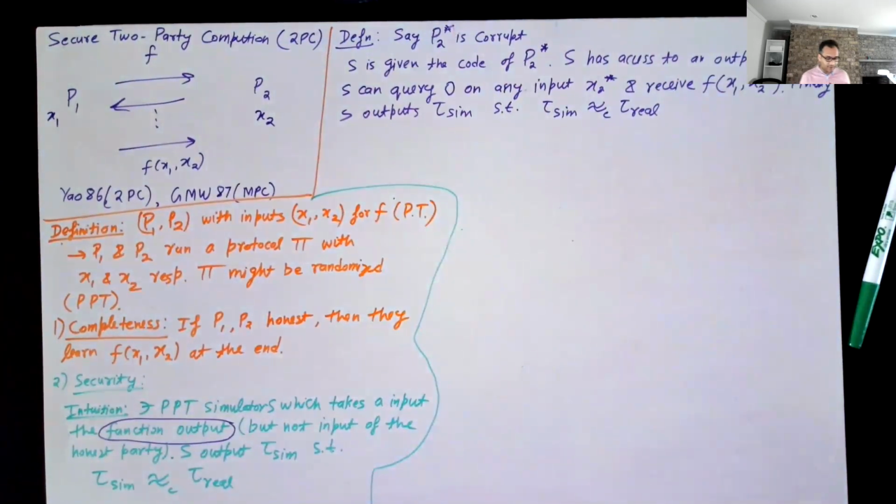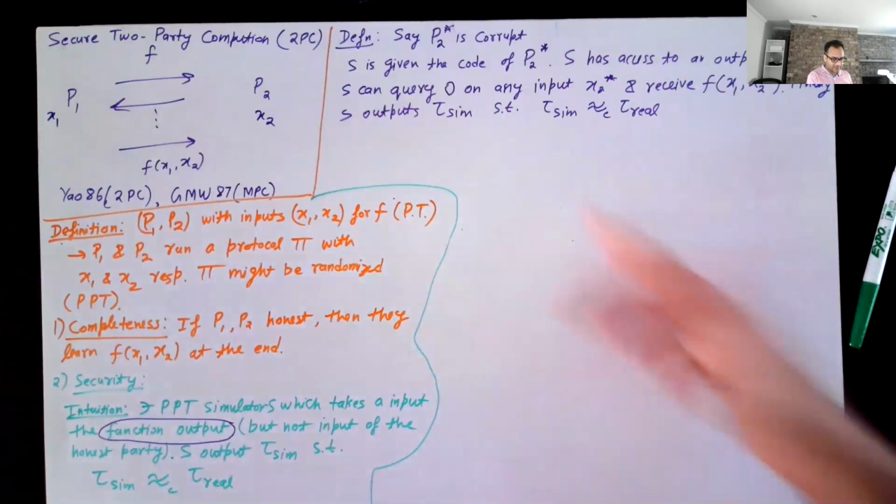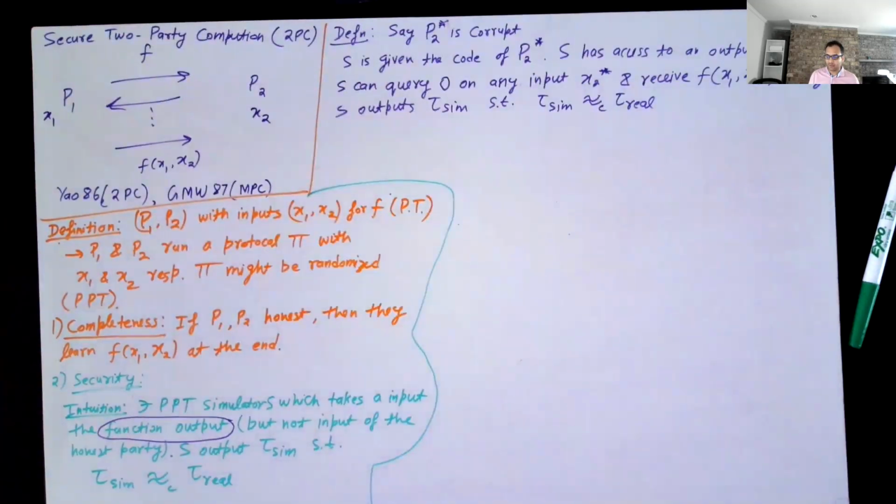Okay, so one way of interpreting this is adversary can learn the function output on exactly one input of his choice, which is x2 star here, nothing more from the protocol. Any questions about this?